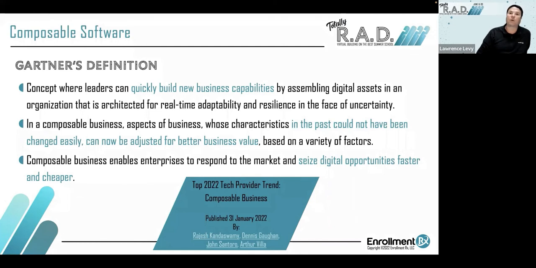We've never offered it before. Can you add it to the applicant portal? Yes. Give me a few minutes. I'll be right back. Versus, oh, that's a 6-month project. Let's call in the IT team and the vendor to add that to the CRM system. And so composable business means that we can seize digital opportunities faster and cheaper. That is the idea of what we are calling composable software.